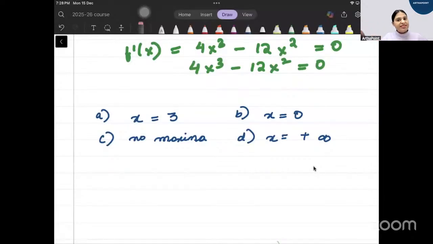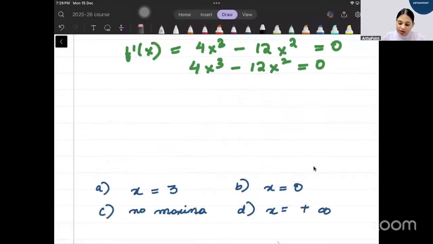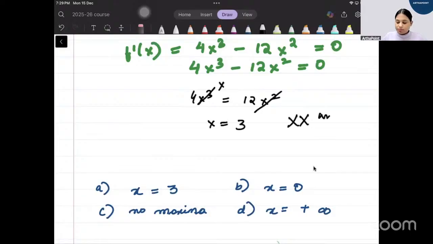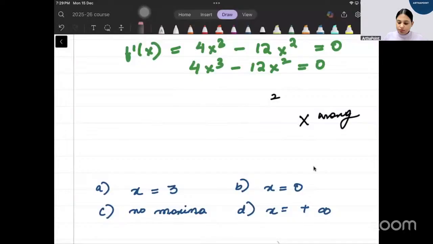You simply cancel x's, and if you write this as 12x square, you just cancel x's and make x equal to 3. That is wrong. Very incorrect. If I take x square common, I would get 4x minus 12 equal to 0.